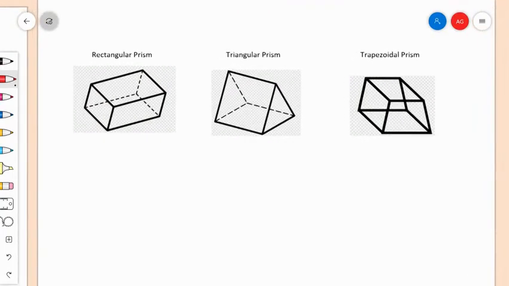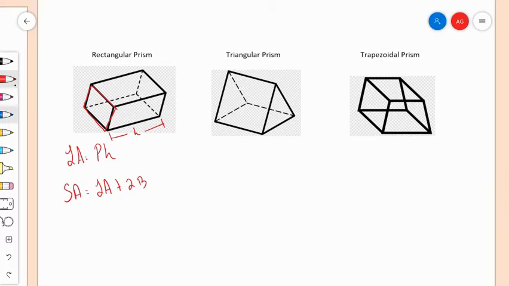So starting off with the rectangular prism, we have the base being a rectangle. And so I have my lateral area, which is just perimeter times h, where h is going to be height of the prism, which is going to be the distance from one base to the other base. And then we have my total surface area, which is my lateral area plus area of the two bases.